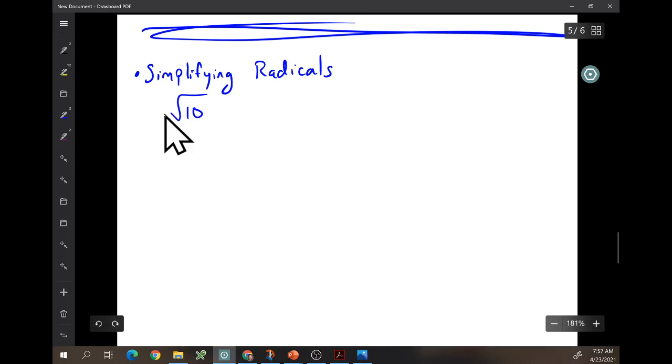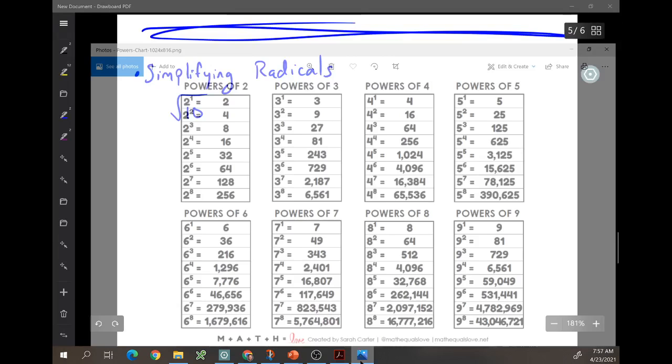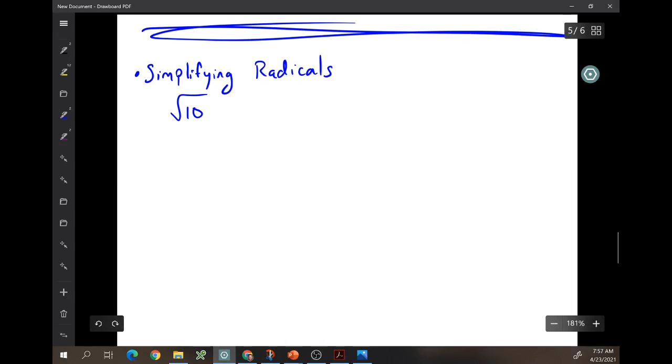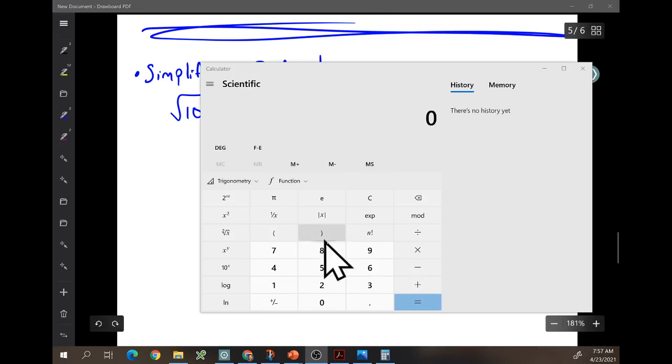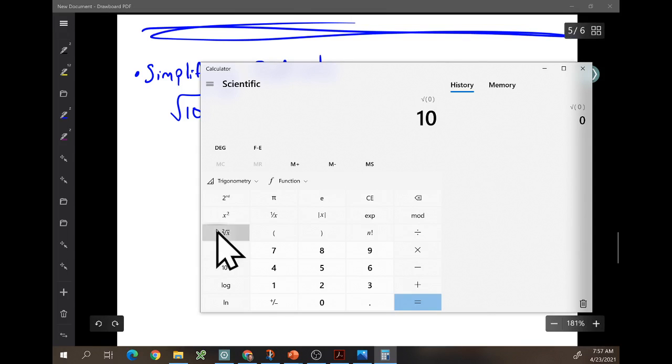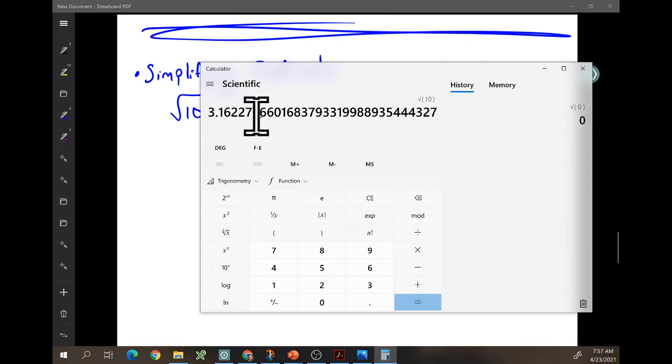That's why I chose the second row. So I know my answer is going to be something in between 9 and 16. I don't know what it is, but square root of 10 does have an answer. And if we use a calculator and do the square root of 10, we get 3.16.